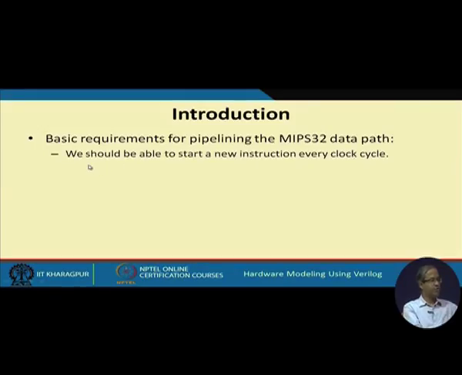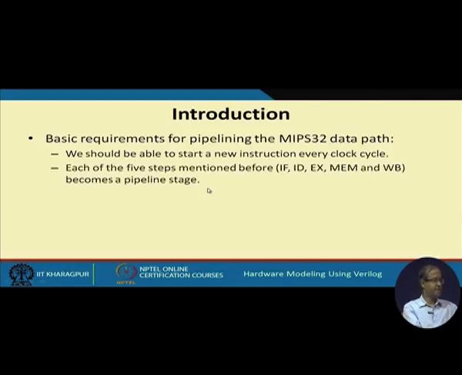Okay? Fine. So, the one requirement is that we should be able to start a new instruction every cycle, because otherwise this pipelining will not give you the desired advantage.